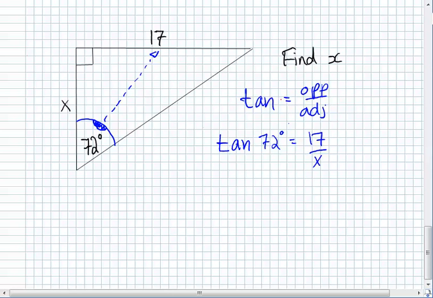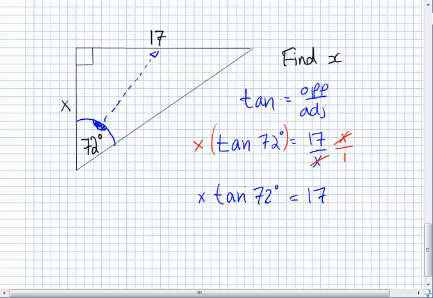To solve for x, you have to multiply both sides by x to get rid of your denominator, which leaves us with the x canceling out on the right-hand side, so we just have 17. And then we get x times tan 72 on the left-hand side.